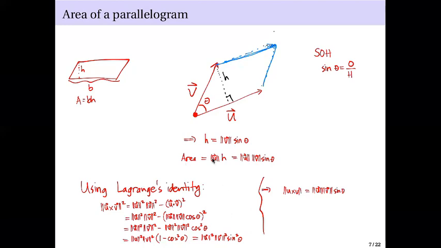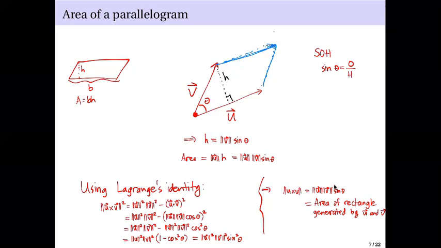But this is precisely the area according to this. So this is equal to the area of the parallelogram generated by u and v. Okay?